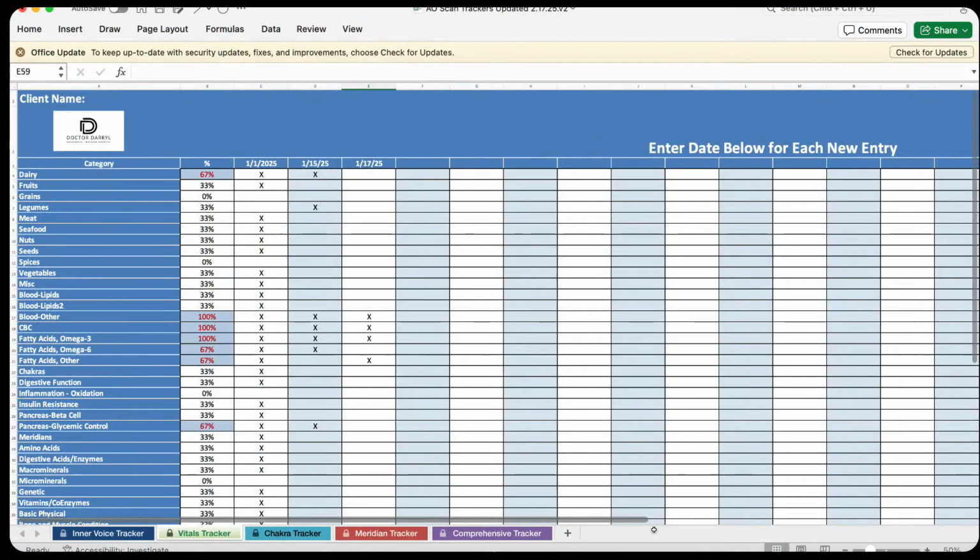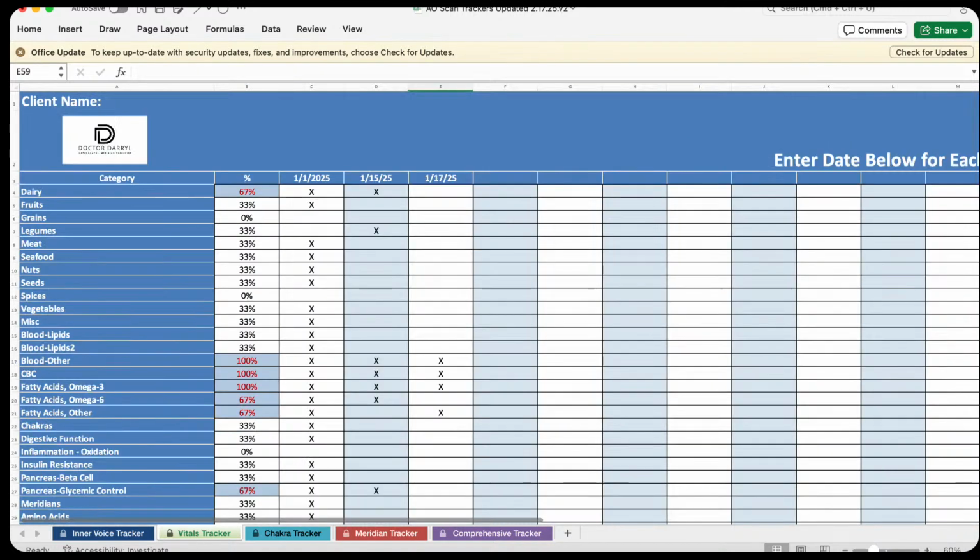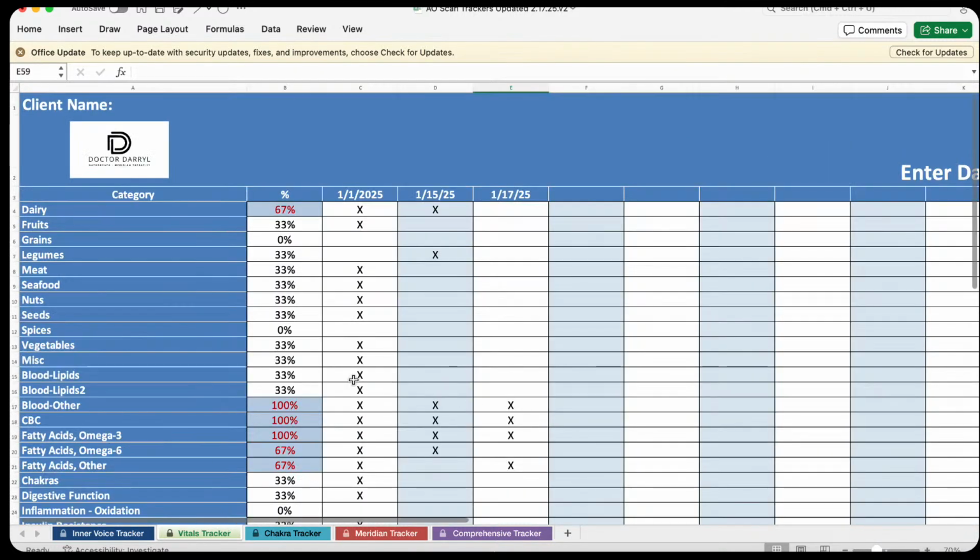Let's see here. I want to try to go in a little bit deeper. The first column here is the category that you're just putting an X in. The second column is the percentage of time out of your scans that this is showing out of balance.